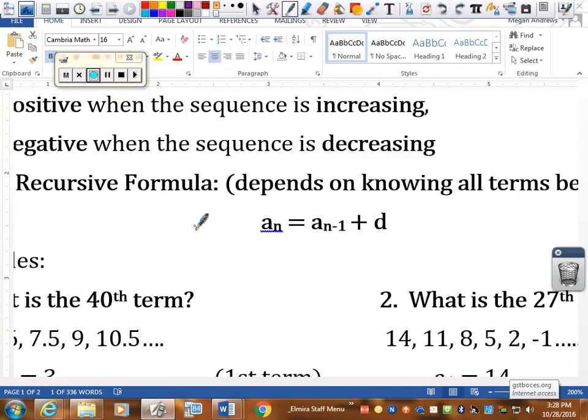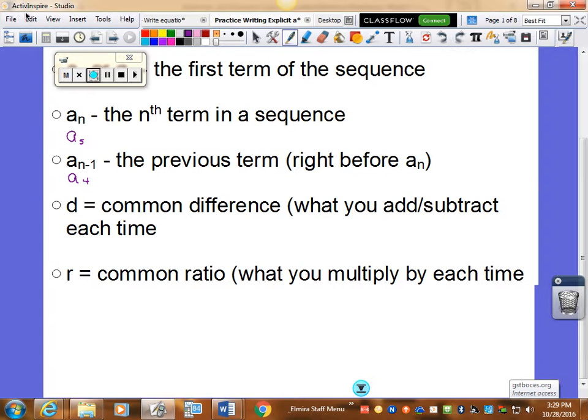Okay, A sub N, whatever term we're talking about, that's equal to the previous term plus your common difference. You've been doing that this whole time. Let me show you what I mean. Let me show you how you've been doing this whole time.